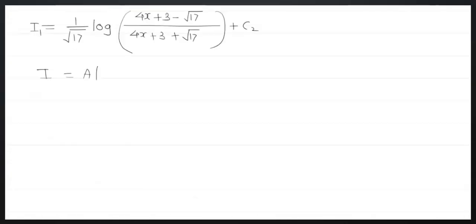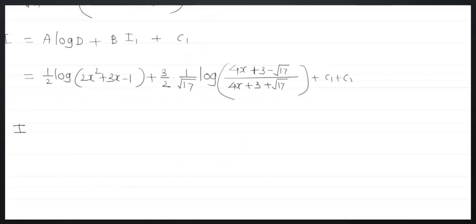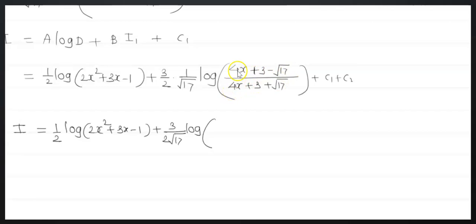Now substitute there. Therefore, I is equals to a into log of d plus b I1, therefore series. I have substituted the value of I1, that is 3 by 2, 1 upon root of 17 log of 4x plus 3 minus root of 17 upon 4x plus 3 plus root of 17, c1 plus c2.